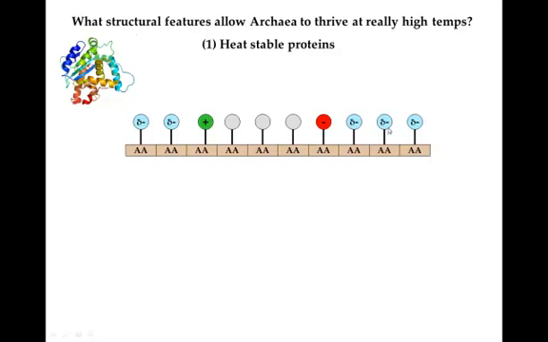So you can see that these are organized in a very special way. The partially negative side chains are on the outside. There's a positive side chain here, a negative side chain here, and a bunch of uncharged and hydrophobic side chains here in the middle.